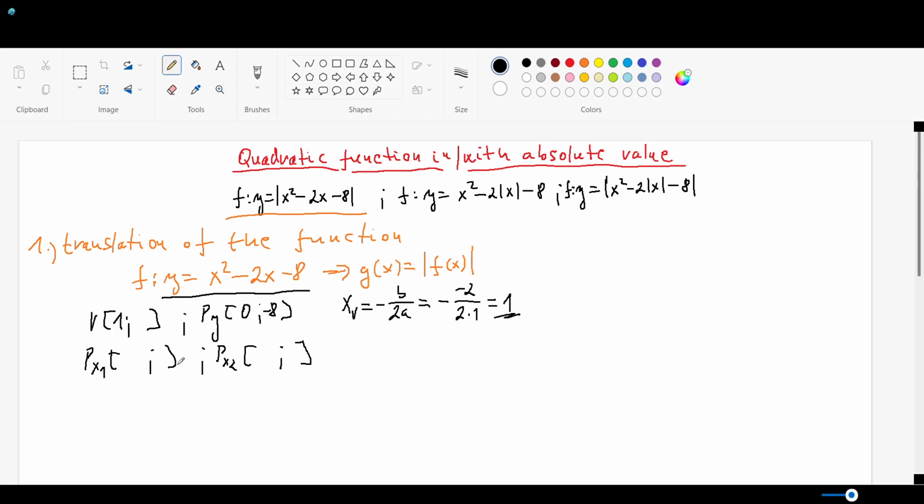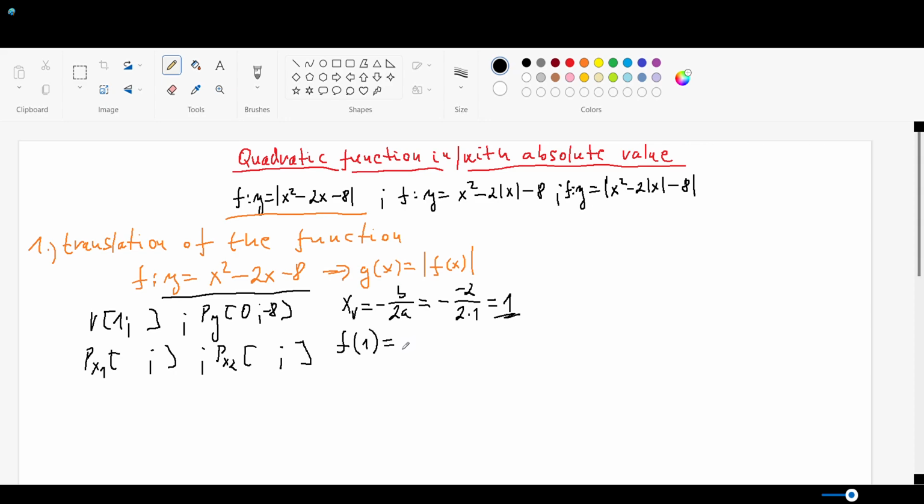So the x coordinate of the vertex is 1, and the y coordinate of the vertex can be calculated very easily. We will find the value of the function for x being equal to 1, or you can remember the formula, which I don't remember and I prefer to calculate it.